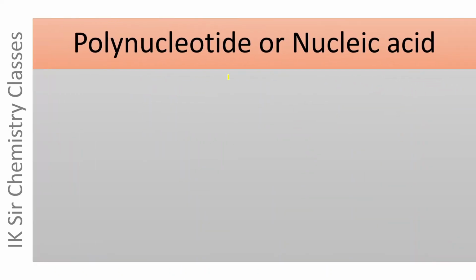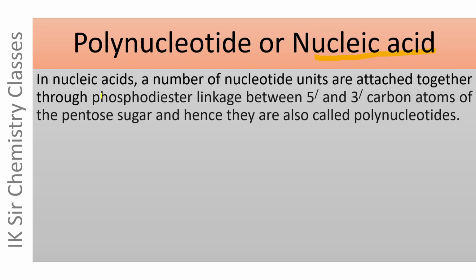And polynucleotide, that is nucleic acid. In nucleic acids, a number of nucleotide units are attached together through phosphodiester linkage between 5' and 3' carbon atoms of the pentose sugar, and hence they are also called polynucleotides.